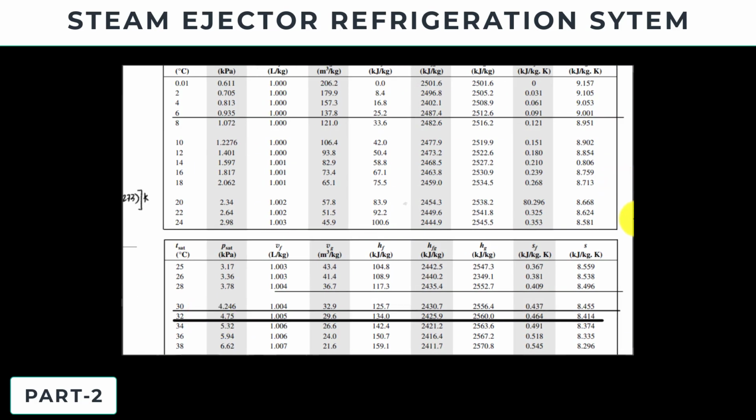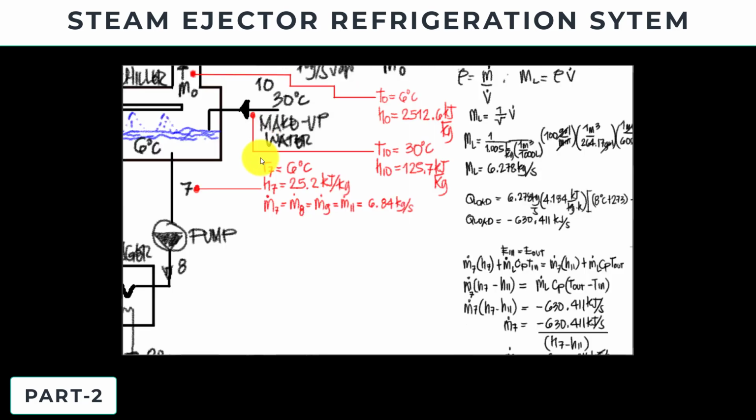Okay, for 30 degrees Celsius, we have the enthalpy for the liquid, that is 125. So it is liquid state, so we'll be using 125.7. Okay, so I have drawn here the representation for your makeup water at point 10 with the given temperature of 30 degrees, the corresponding enthalpy 125.7 kilojoule per kilogram.